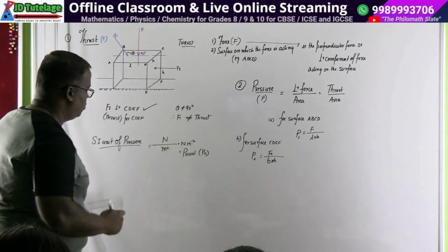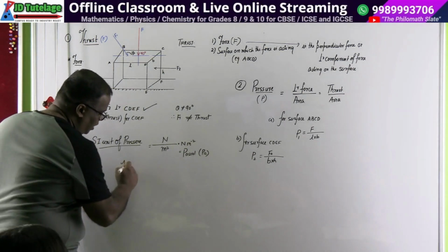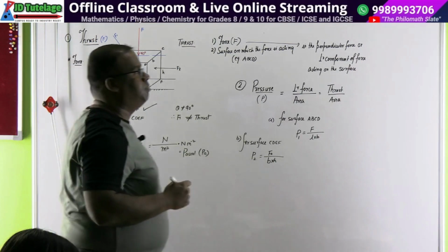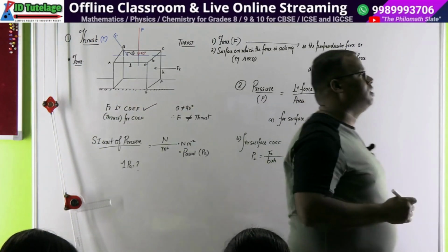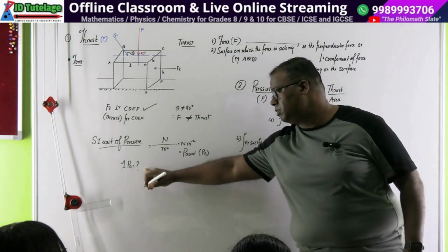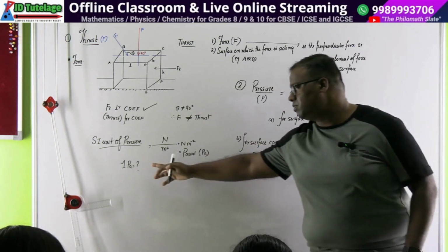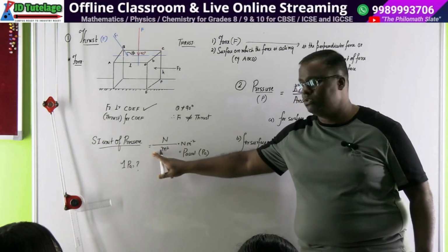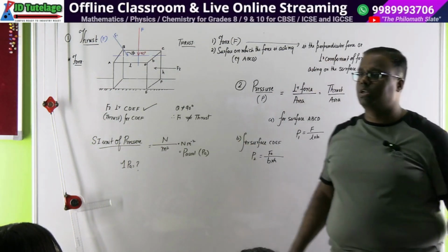Okay. So we should be in a position now to define what is 1 Pascal. Can we define? The pressure acting on a surface is said to be 1 Pascal when a force of 1 Newton acts on an area of 1 meter square.